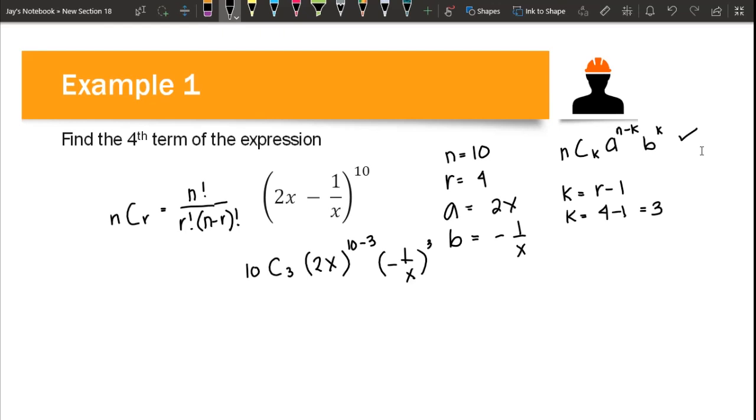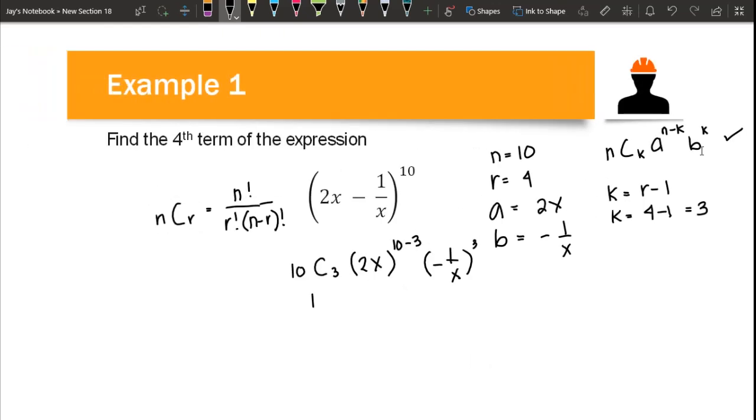So we can say that our n here is 10 factorial over our r. Now from this formula, our r is equal to k, so we have 3 factorial times 10 minus 3 factorial, correct? Times 2x raised to 10 minus 3, that gives us 7, of course. Then we have negative 1 over x raised to 3.